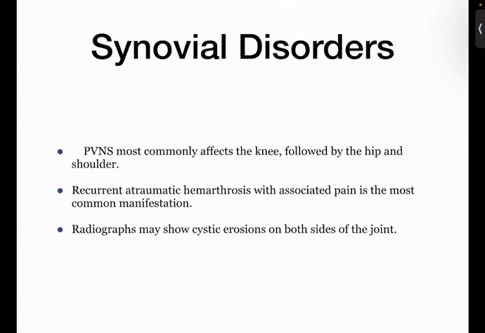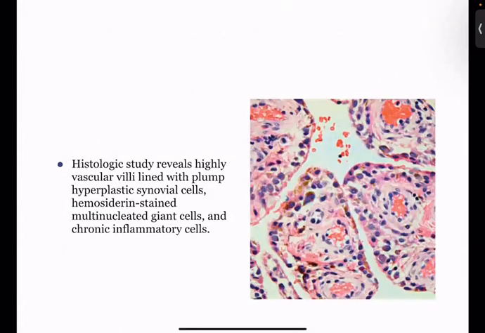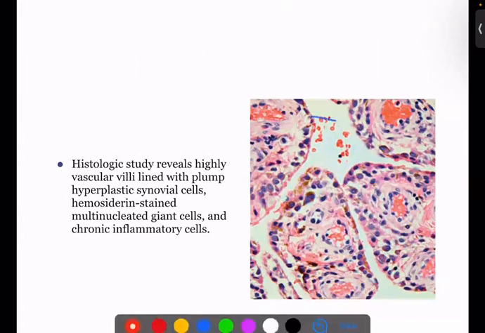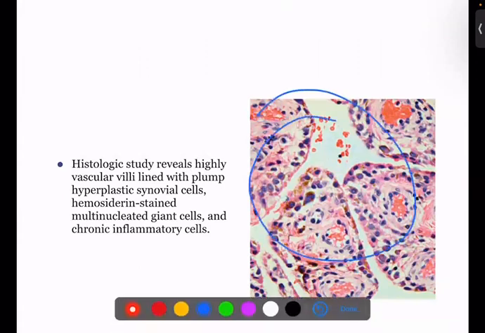It will erode the cartilage and end up with advanced arthritis. Sometimes you'll see these slides. I took this slide from Orthobullets, so it can come up at times. It's not common, but whenever you hear the name pigmented villonodular synovitis, you should always consider it.